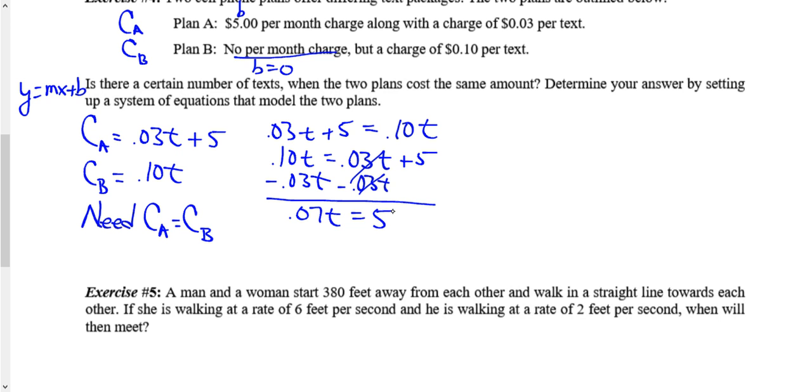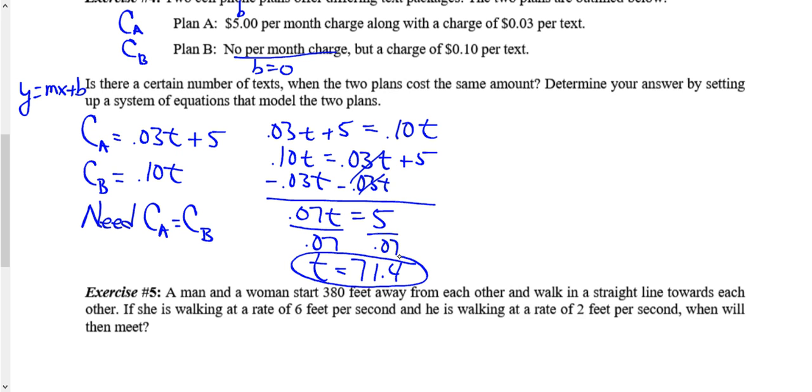Now just divide both sides by 0.07. And what's 5 divided by 0.07? 71.4 texts.